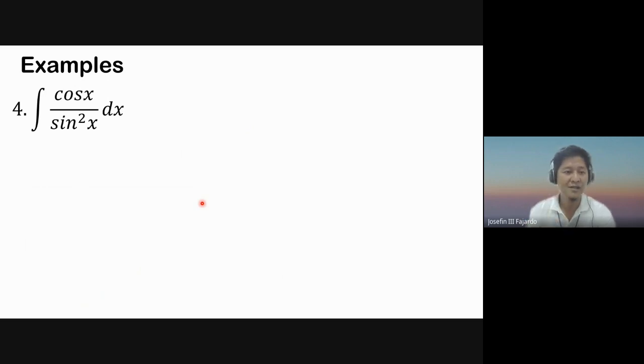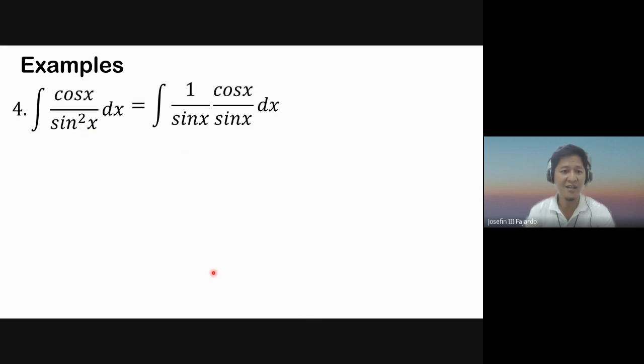parang wala tayong quotient ulit, di ba? But you can do a little trick by using your identities here. What if I separate your sine squared x here. I write this as sine x times sine x. At sinama ko si cosine x sa isang sine x. And then of course, 1 over sine x.